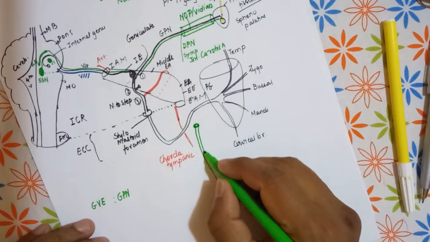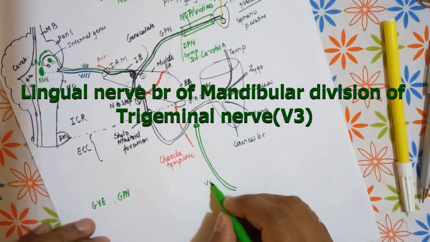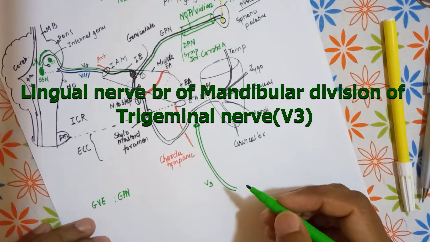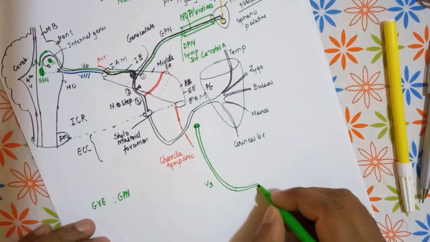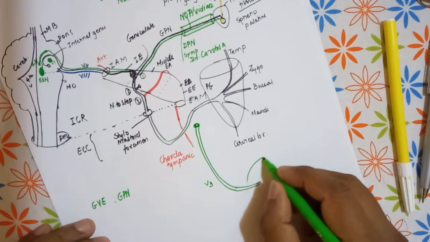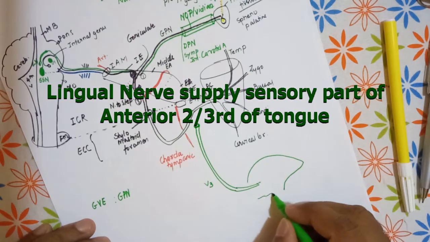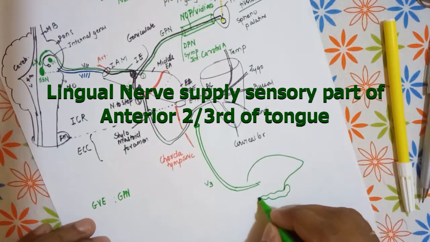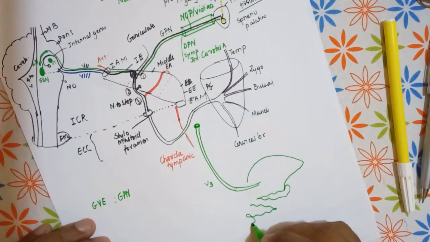The lingual nerve is a branch of the mandibular division of the trigeminal nerve. This lingual nerve will ultimately reach the tongue. So let us say tongue. And these are the sublingual and submandibular salivary glands.